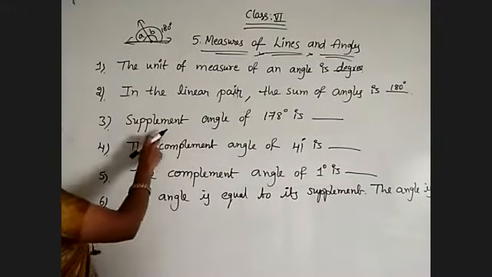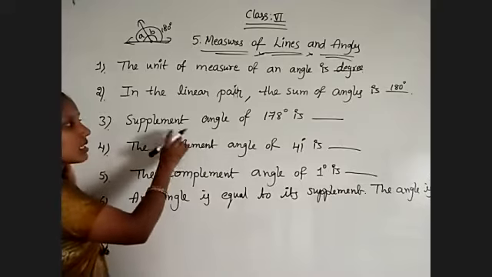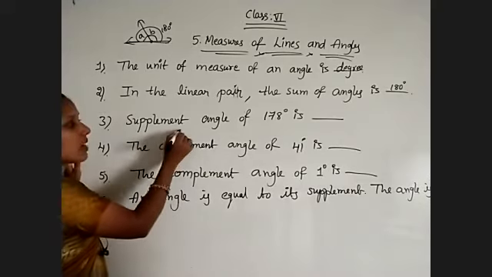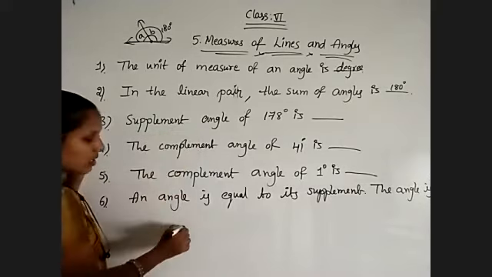And coming to the supplement angle of 178 degrees. Supplementary angles, as we discussed yesterday: a supplementary pair is nothing but two angles whose sum is equal to 180 degrees. For suppose 120 plus 60, we got 180. So 120, 60 are supplementary angles. Yes or no?